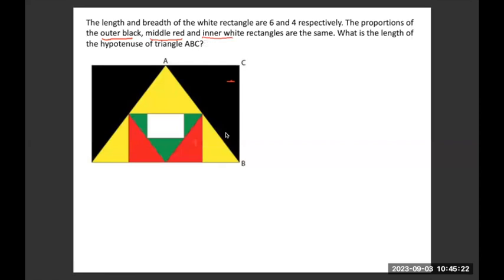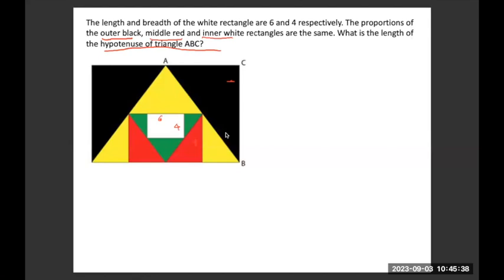I am also given that the white rectangle's length and breadth are 6 and 4. What is the length of the hypotenuse of the triangle ABC?